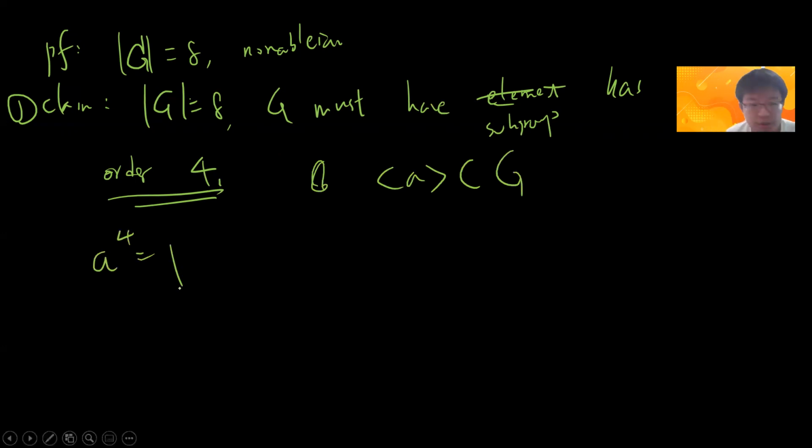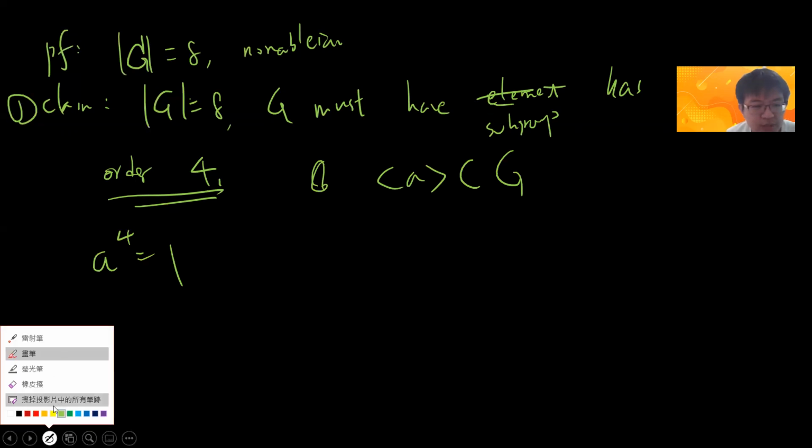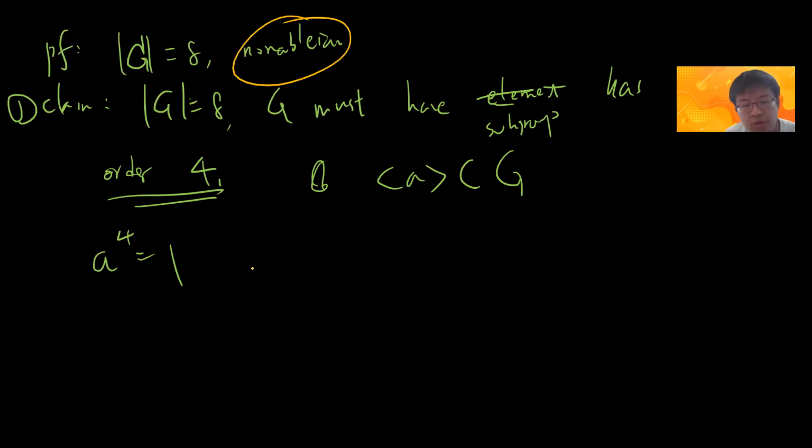Okay, why is this true? Because this group is non-abelian, right? So the order of any element a can only be 1, 2, 4, or 8. If it's 1, it's impossible. And if it's 8, then this group will be cyclic, so it cannot be 8.